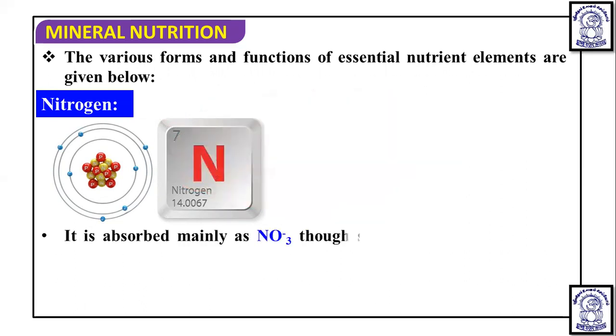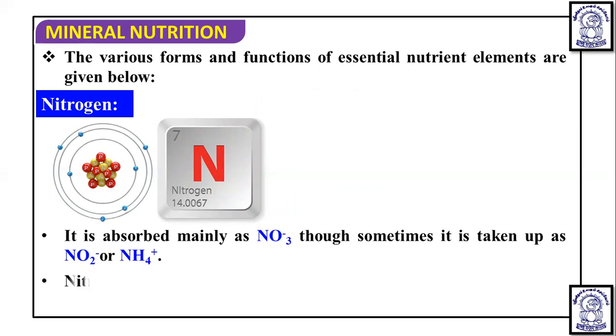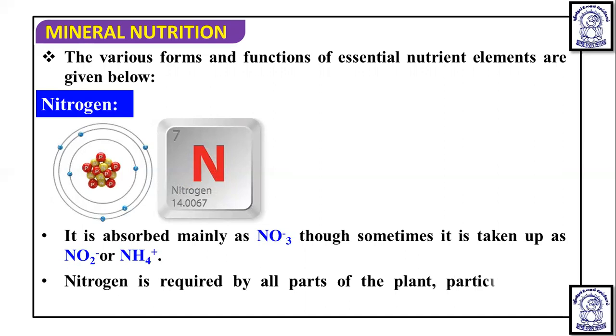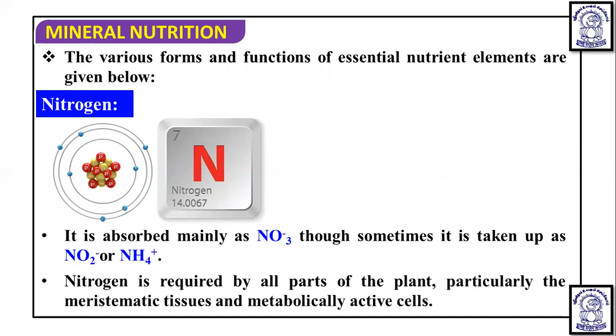Nitrogen is absorbed mainly as nitrate, though sometimes it is also absorbed as nitrite and the ammonium ion, that is NH4 plus. Nitrogen is required by all parts of the plant, particularly meristematic tissue, dividing cells, and metabolically active cells.